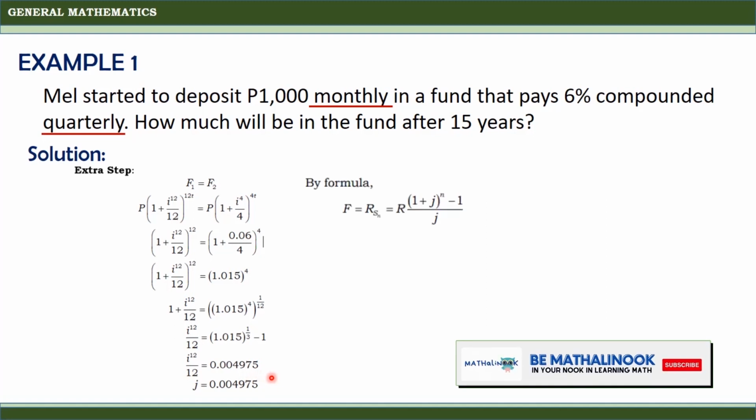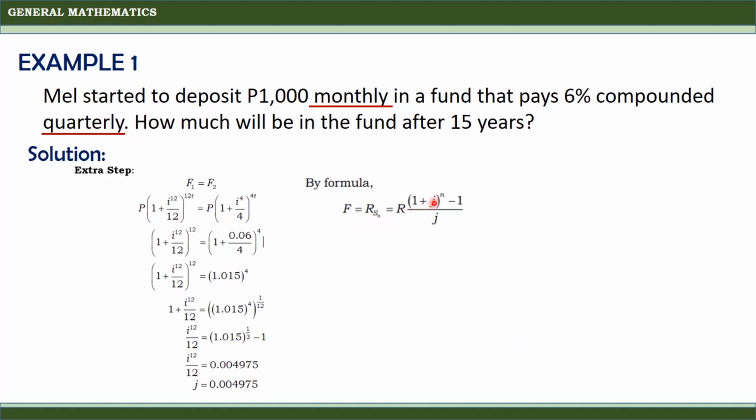By formula, we will have F equals R S sub N, which is equal to R times [(1 plus j) raised to n minus 1] divided by j. Since we already have the value of j, looking at the problem, R or the regular payment will be equal to 1,000, and the total number of payments, which will be monthly within 15 years, will be 180.